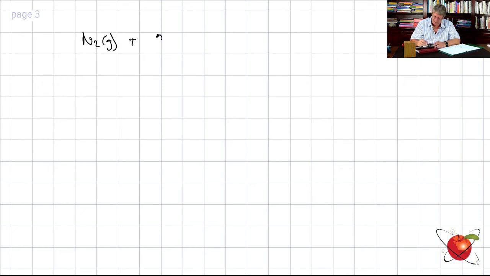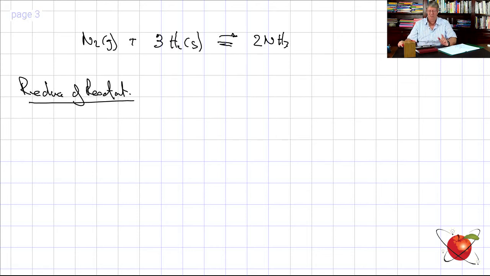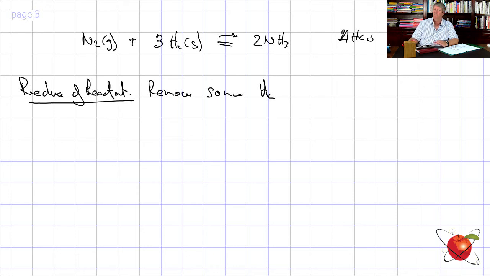Let us examine, therefore, what happens if we change a reactant. N2 gas plus 3H2 gas going to 2NH3. All right? What happens if I reduce a reactant? Le Chatelier says we are at equilibrium, right? Delta H less than 0. We are at equilibrium now. Now let's say I remove some hydrogen. Okay.